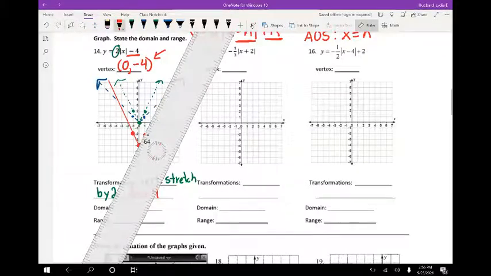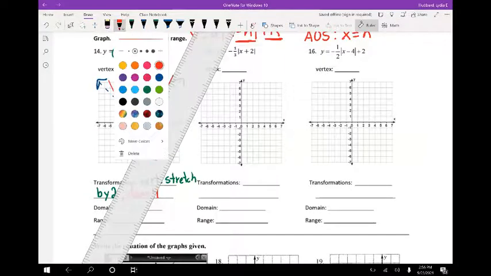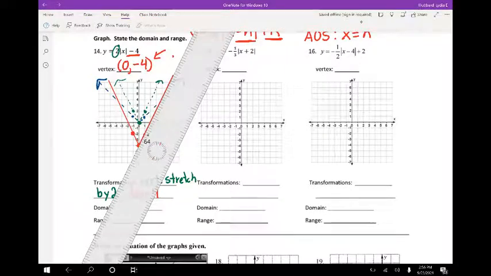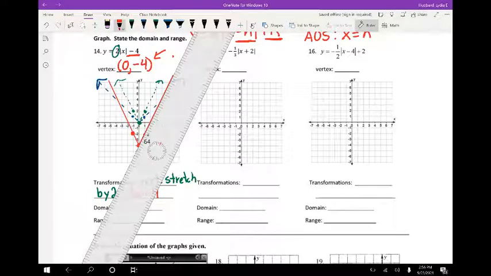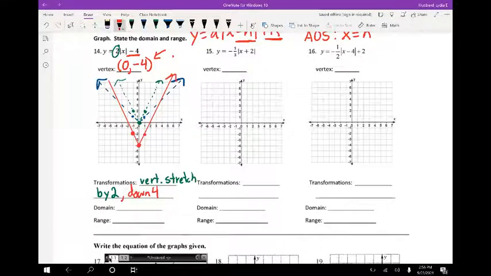And those will be the right side. So this red graph is what your final graph should look like.